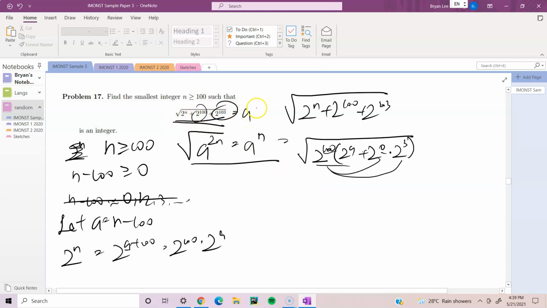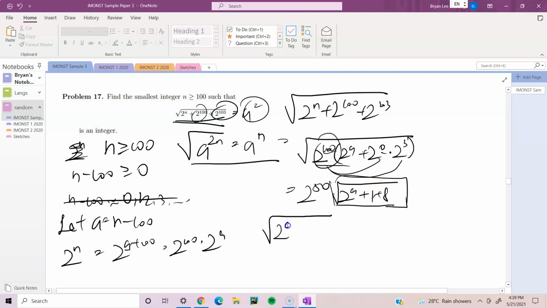If we square both sides, if we take out this 2 to the power of 100, we will get 2 to the power of 50 times the square root of 2 to the power of a plus 1 plus 8. This thing is also a square number because this is also an integer, right?